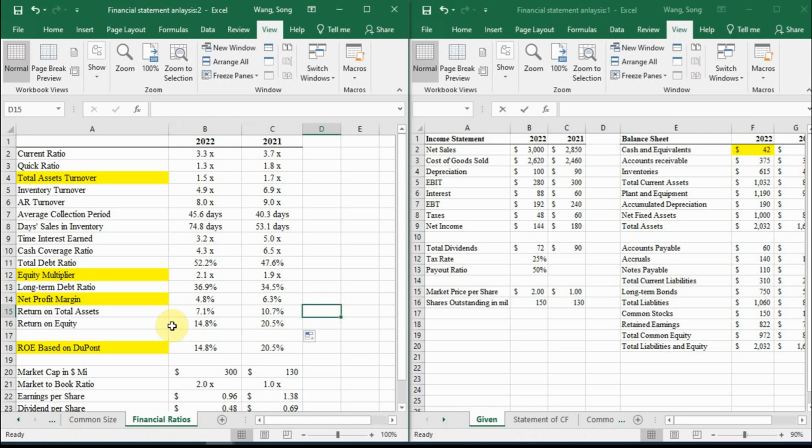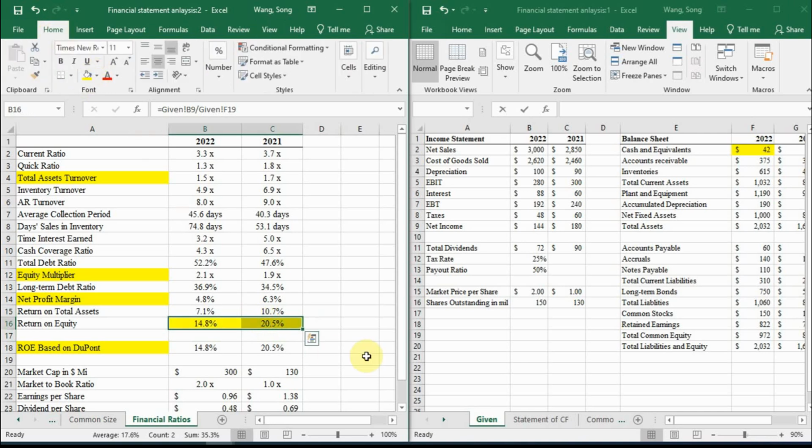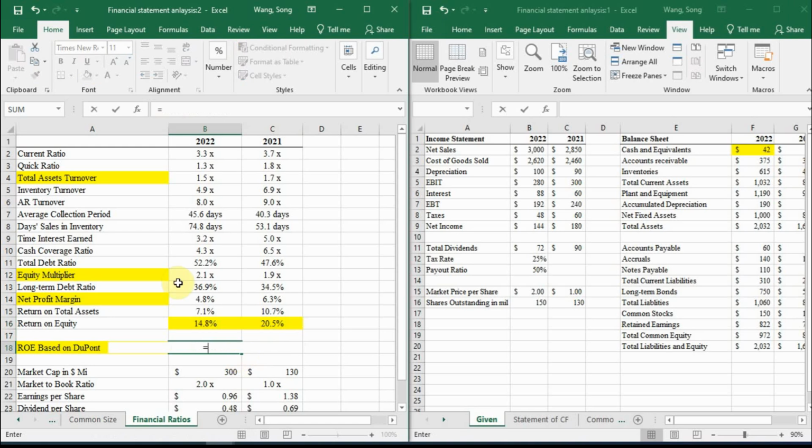And for return on equity, we have a calculate right here. And there's another way to do it by using DuPont method. In particular, you're going to get the product of assets turnover ratio, equity multiplier, and net profit margin.